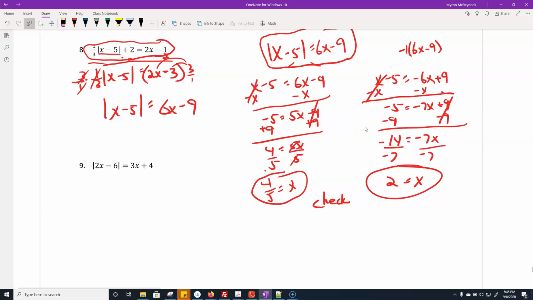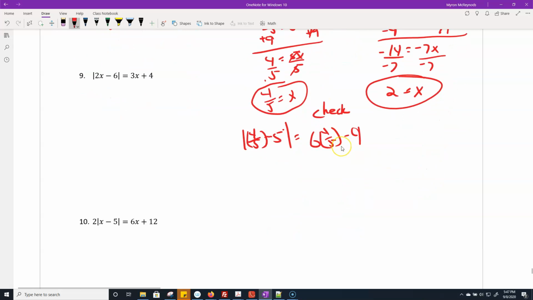So I'm going to plug in 4/5 to this equation up here. The absolute value of x minus 5 equals 6x minus 9. So I got the absolute value of 4/5 minus 5. So I plugged in 4/5 for x is equal to 6 times 4/5 minus 9. So I'm going to simplify this side over here first. So I got 6 times 4 is 24 over 5.